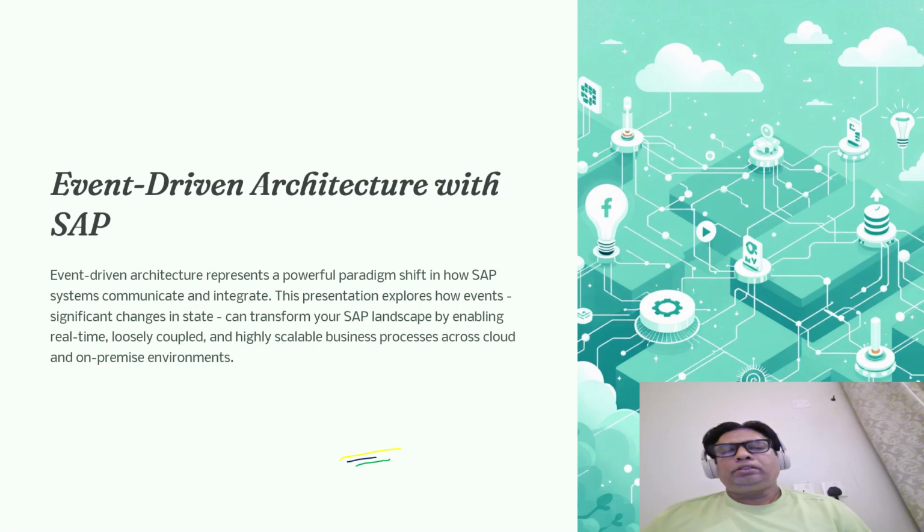So let's go one by one. In this slide we are going to discuss event-driven architecture, which is the main shift of communication in integrations. We also explore events of significant changes in state.